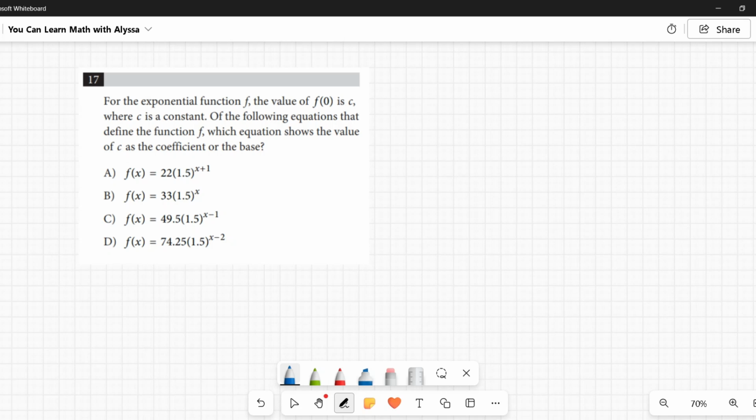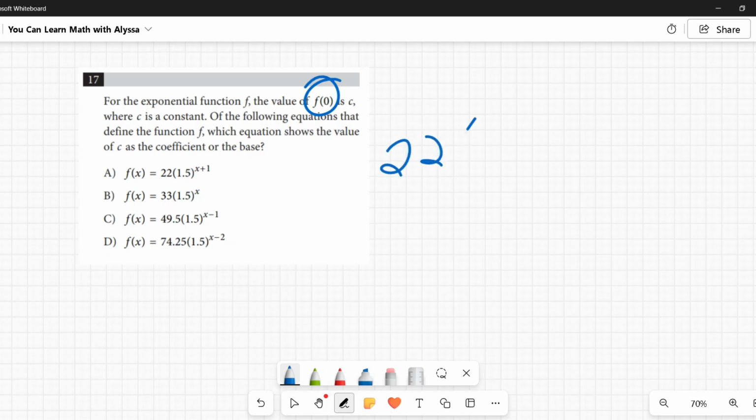Okay, all of these functions have the same value. They all do. That's what this part means, when it says for this function f, the value of f of 0 is c, where c is a constant. Of the following equations that define the function f, all of them define the function f. All of these are the same. And you can see this by plugging in 0 for x.